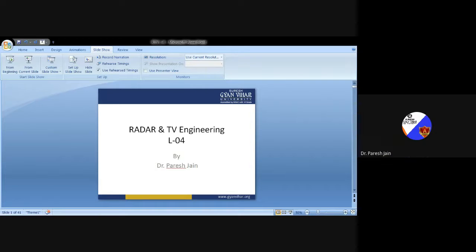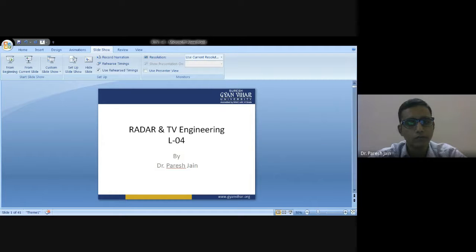After that we discussed the radar range equation and the simple form of the radar equation. On the basis of these, we also solved some problems related to the maximum unambiguous range and resolution factor of radar.